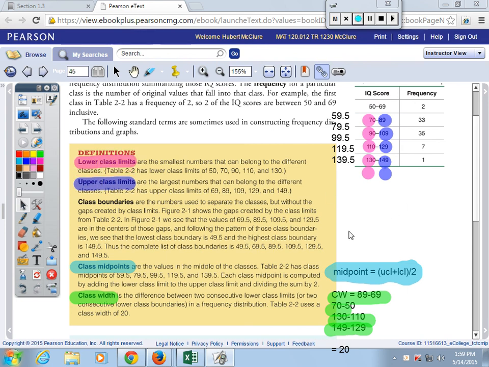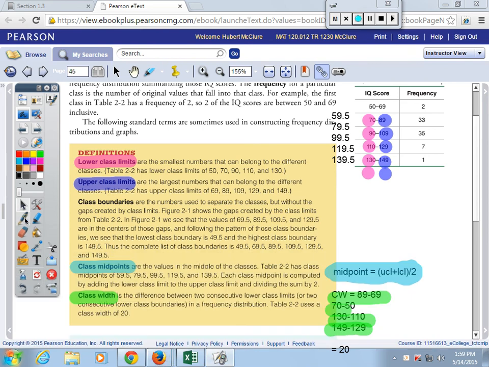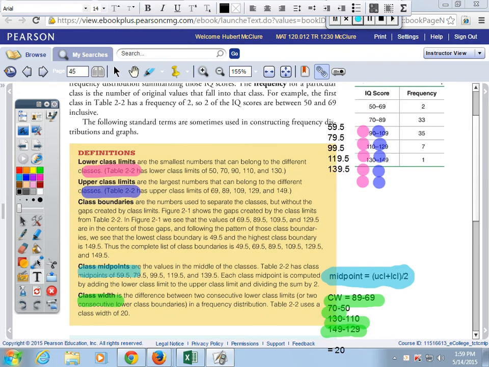Okay, now the class width, I'm going to put some rules over here for you. When you're doing the class width, if your values are whole, your class boundary is going to be to the tenths.